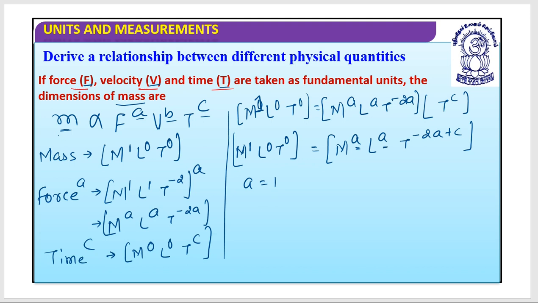Then minus of 2A plus C is equal to 0. If I put A equal to 1 here, this is minus of 2 into 1 plus C is equal to 0. So C is equal to plus 2. Got it? Yes. Now let's write it down.